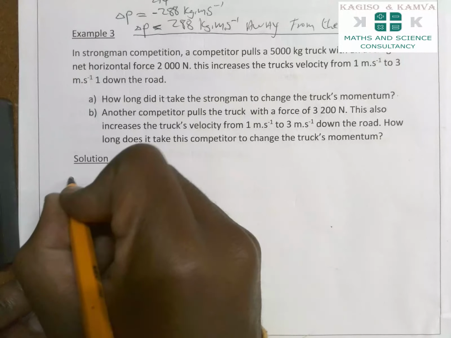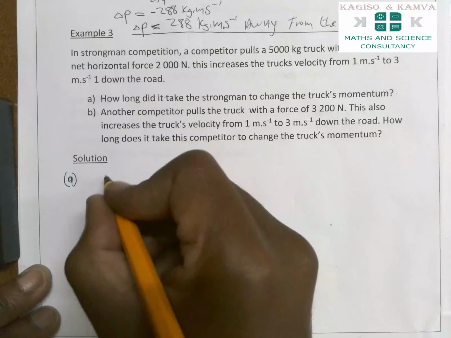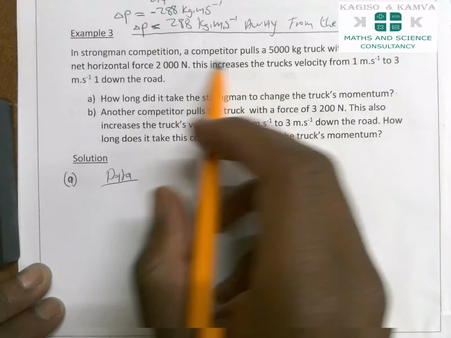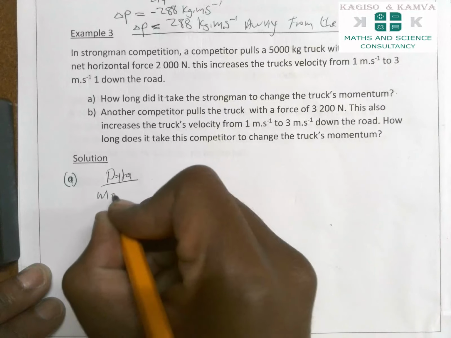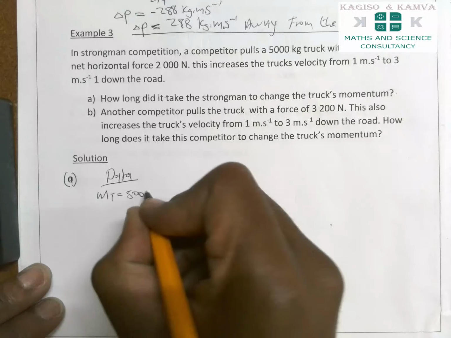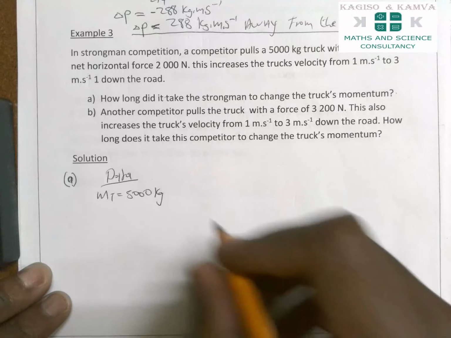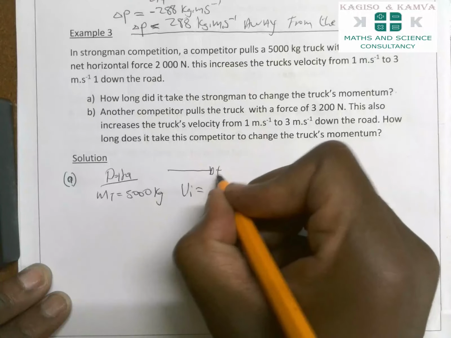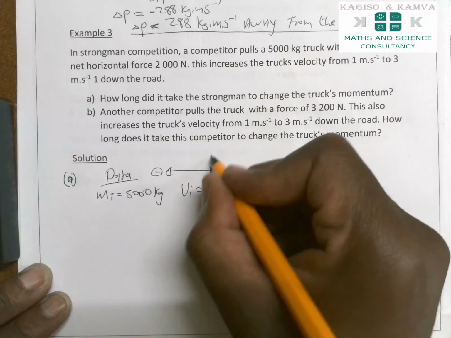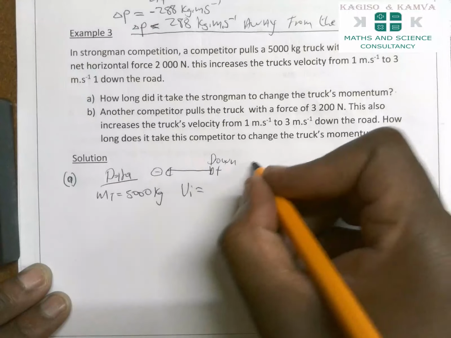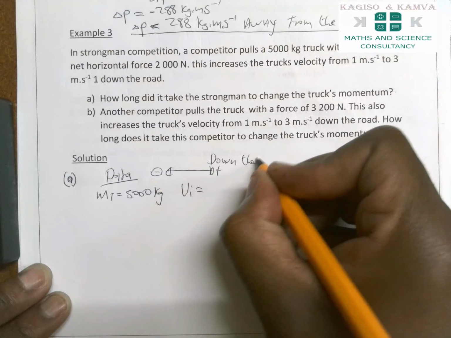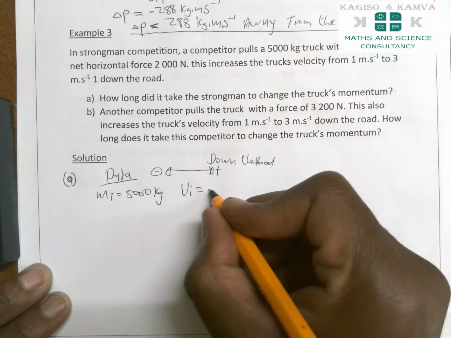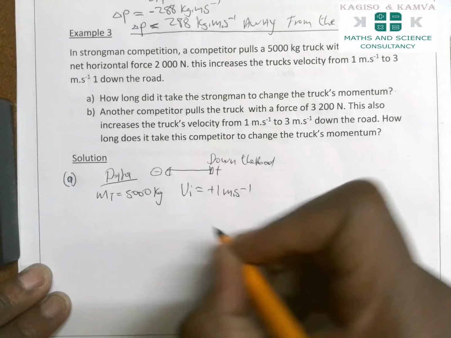Now let us say A. For A, what data do we have? We know that the mass of the truck is 5,000 kg. The initial velocity, the direction is down the road, so it's positive 1 meter per second.